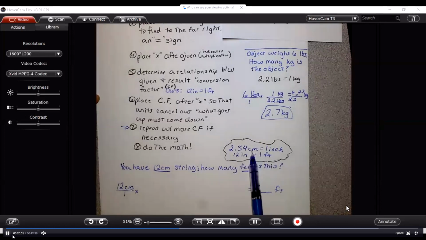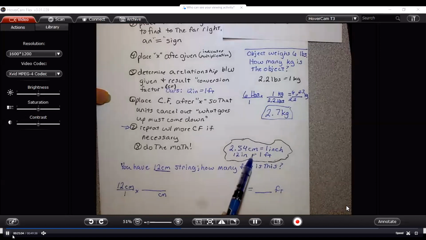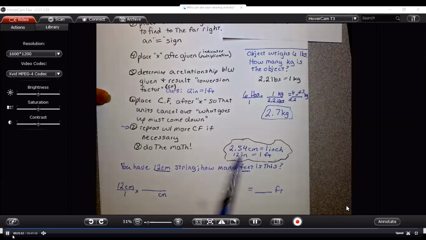So let's pick that one to start. You can put these in any order. It will eventually work out the same. It's just a little bit easier to put similar values next to each other to keep it straight in your head. So we're going to try and cancel out centimeters, so we want those on bottom. So we'll have 2.54 centimeters on bottom and 1 inch on top, because that's our conversion factor.